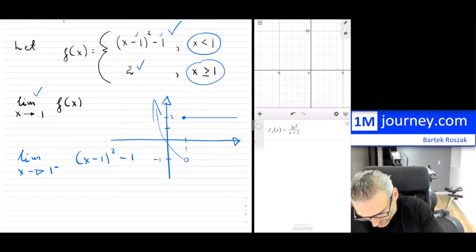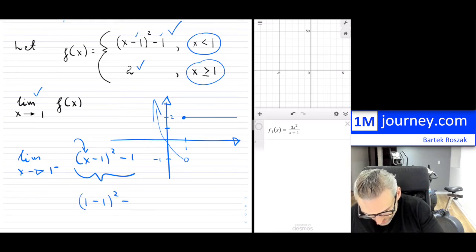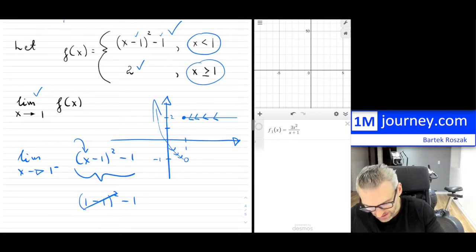If I do this, I would have substituted: at 1, this would be 1 minus 1 squared, minus 1, which is 0 minus 1. So it's actually -1, which is no surprise. But from the right-hand side, because it's a constant, the limit is equal to 2.